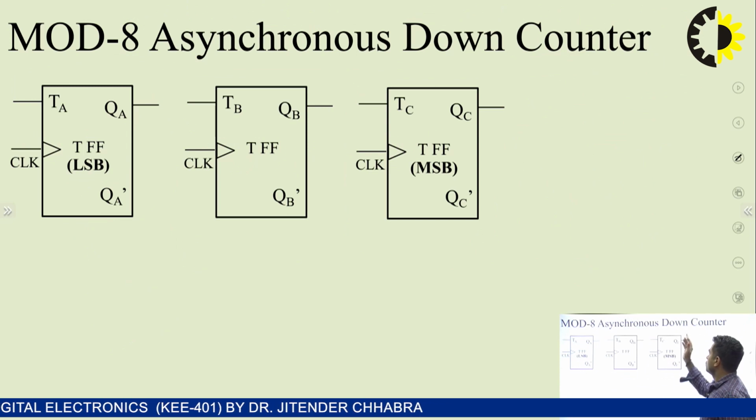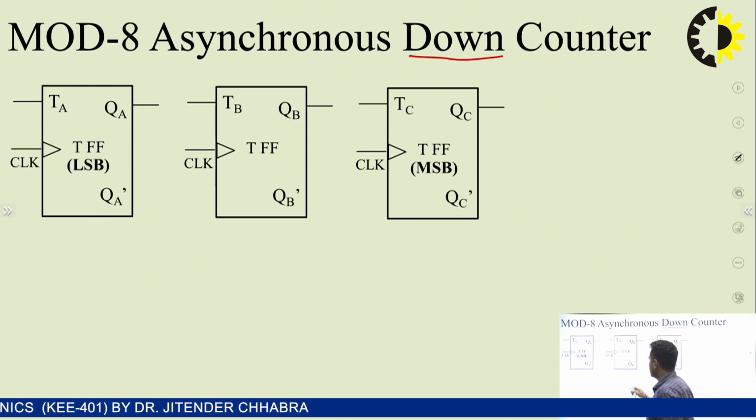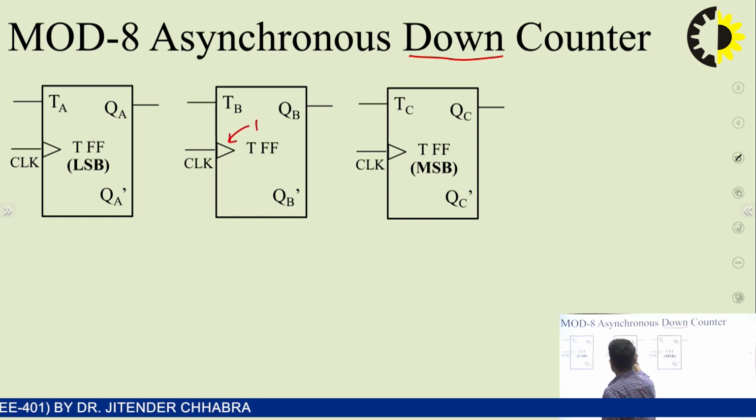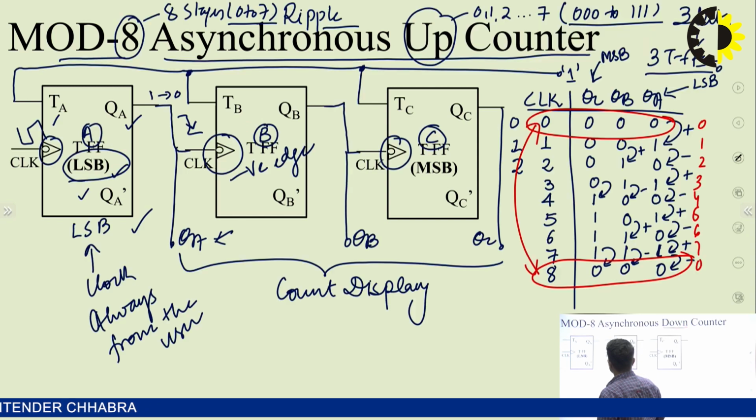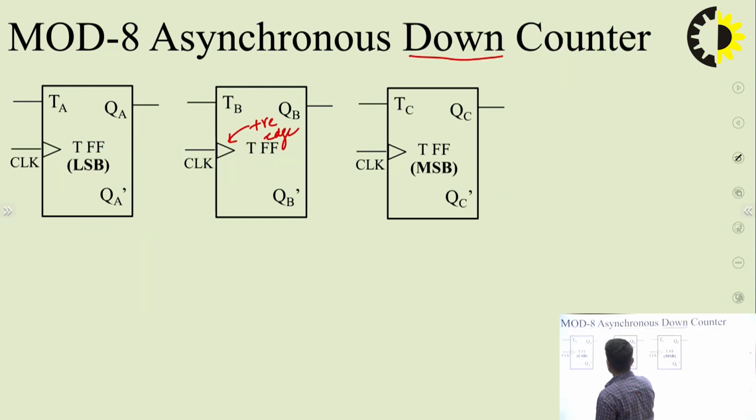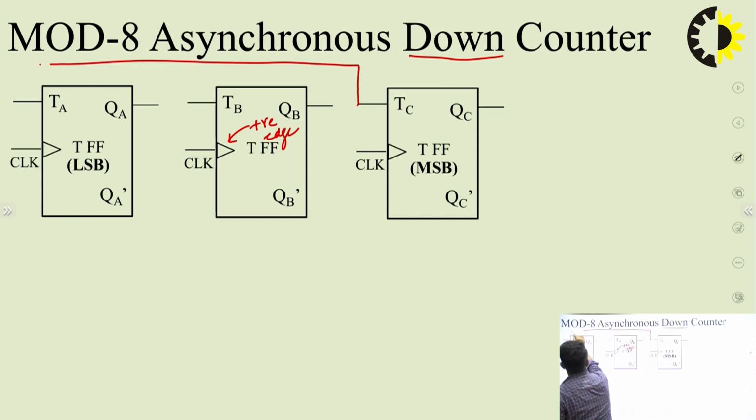Similarly, to design a mode-8 asynchronous down counter, you can check here, these clocks are now positive edge. The bubble which was here, indicating a negative edge, is not present in any of these flip-flops. That means they can act like positive edge triggered T flip-flops, but the connections are the same.